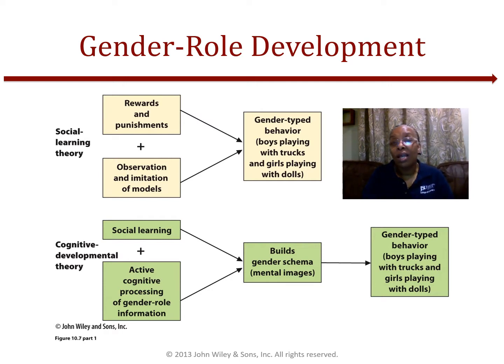According to the cognitive development theory, social learning is just part of gender role development, but it's much more than a passive process of receiving rewards or punishments and modeling others. Instead, cognitive developmentalists argue that children actively observe, interpret, as well as judge the world that's around them.